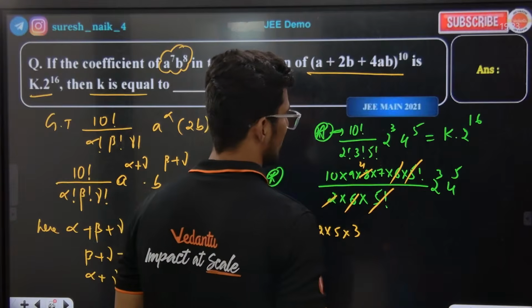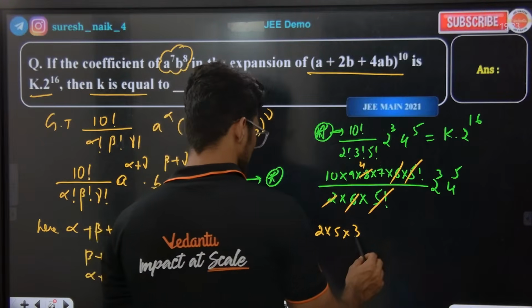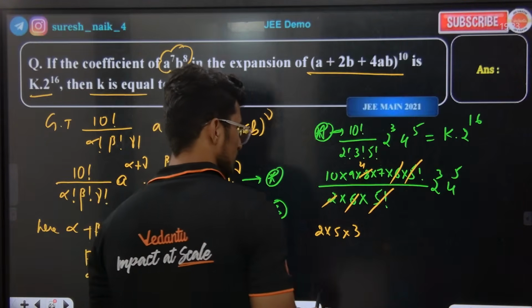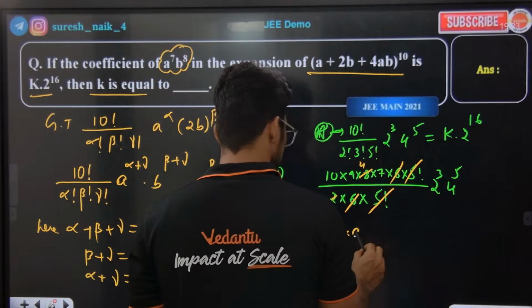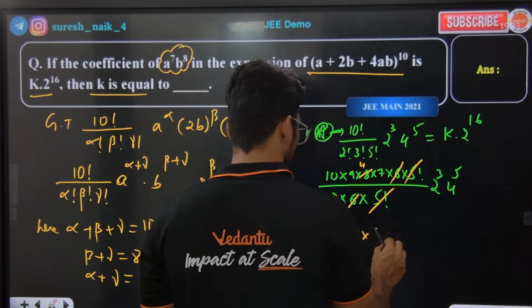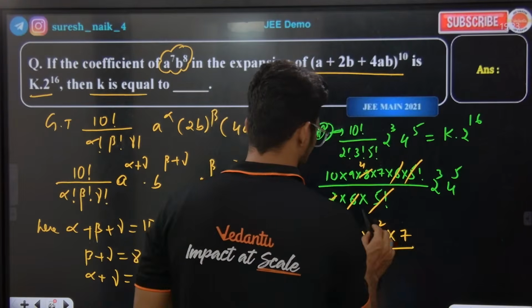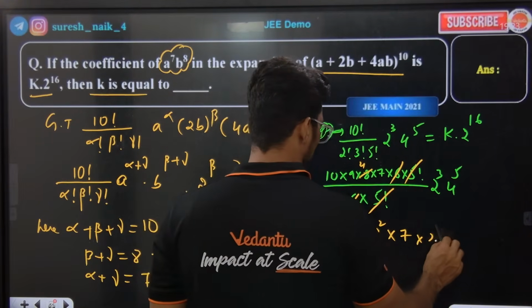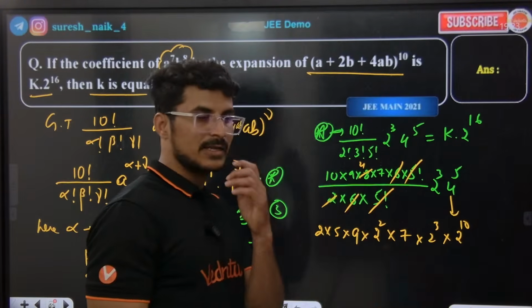2 power of 16, given, right? Let me write that. So 3, let me write this as 9 as it is. 4 I'm writing as 2 power of 2, 7 as it is, into 2 power of 3 and 2 power of 10. 4 power of 5 I can write as 2 power of 10.